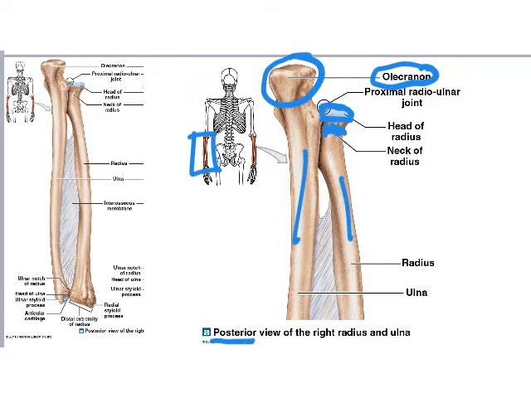Back here, I forgot to mention this joint. The proximal radial ulnar joint. The name of the joint tells you exactly which two bones are articulating, the radius and the ulna, and we know that it's going to be up near the elbow joint because it's proximal. So it's near the beginning of those bones. So we're going to see a proximal radial ulnar joint, and then we're going to see a distal radial ulnar joint here in a minute.